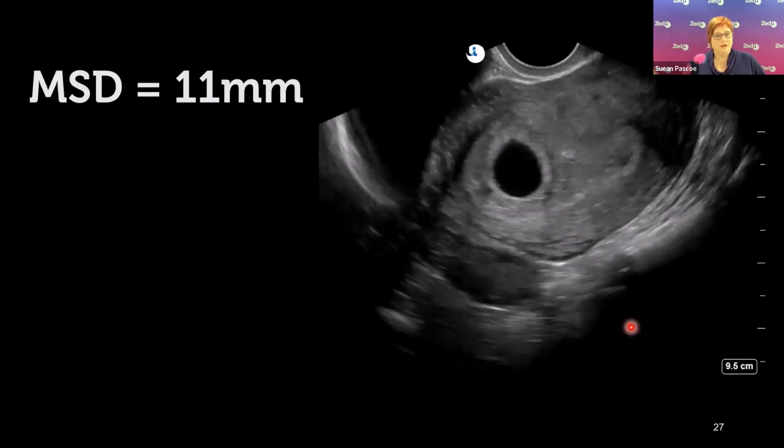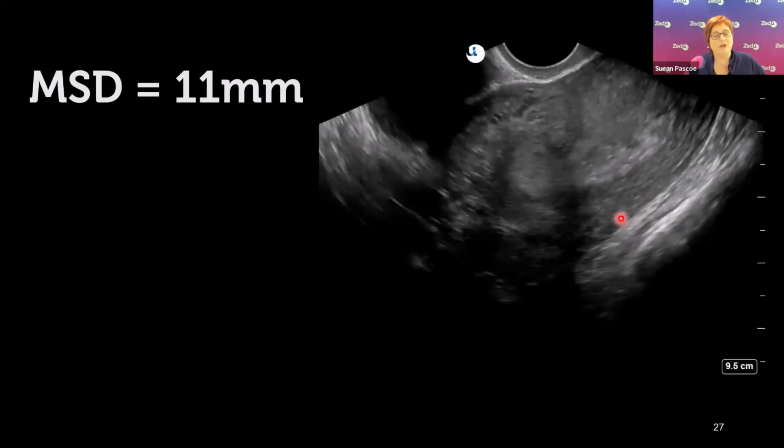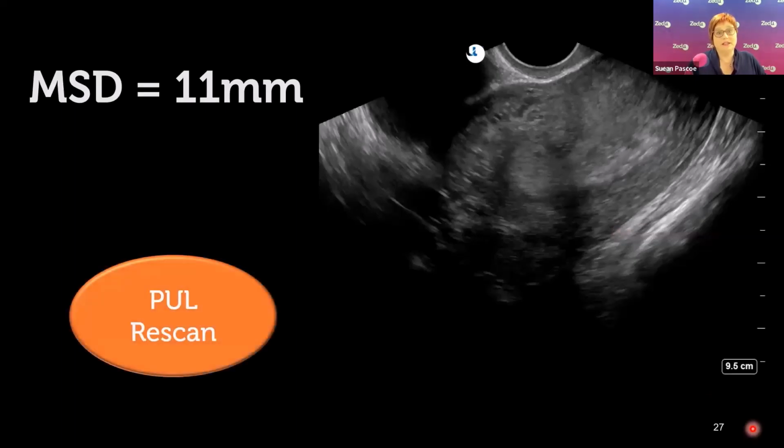Now, by the rules that apply to MTOP, this hasn't been confirmed as an intrauterine pregnancy. We'll have to wait a few days to see the development of the yolk sac. And it's only once we identify the yolk sac that we can conclude that this is definitively an intrauterine pregnancy. So again, this is a pregnancy of unknown location and a rescan is warranted.